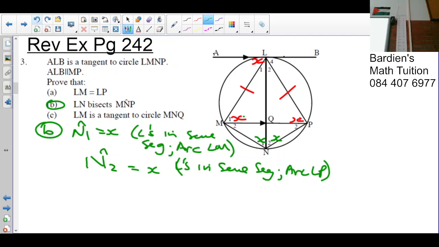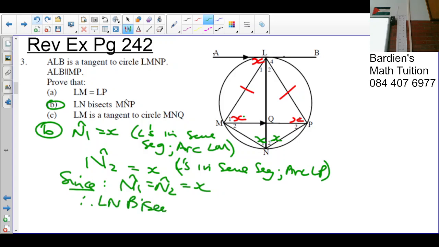So now we say, since, we state the obvious, since angle N1 is equal to angle N2, which is equal to x, therefore LN bisects angle MNP. What does bisect mean? So cut the angle in half. Bisect angle, or we can rather say MNP.